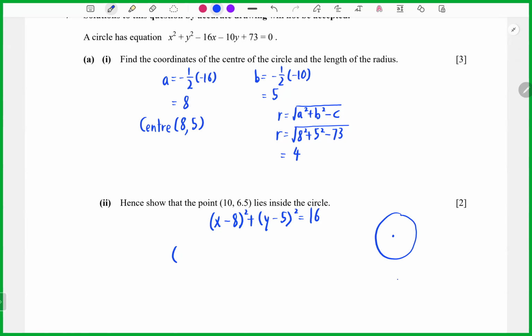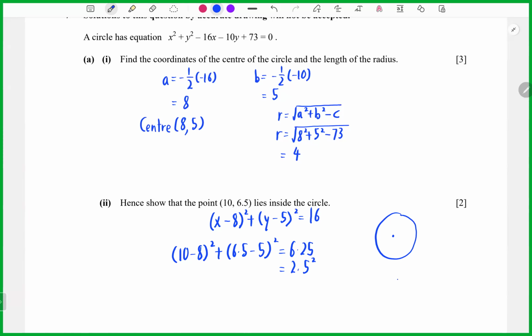So we can take (10 - 8)^2 + (6.5 - 5)^2, which will equal 6.25. Now you can try to square root it. 6.25, so you will get 2.5.